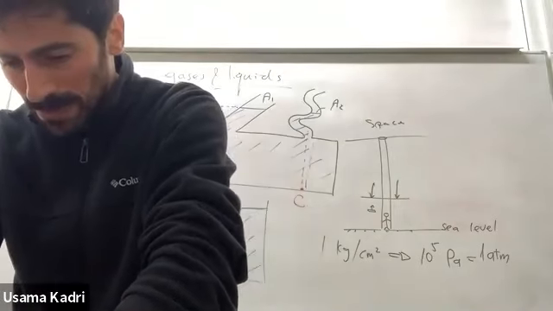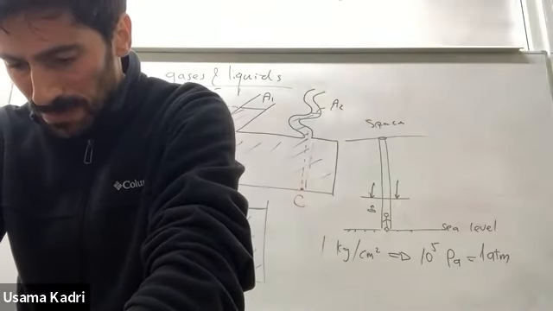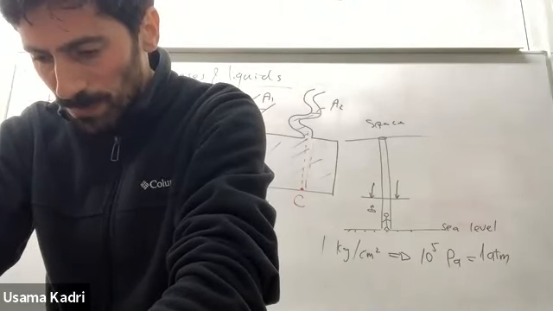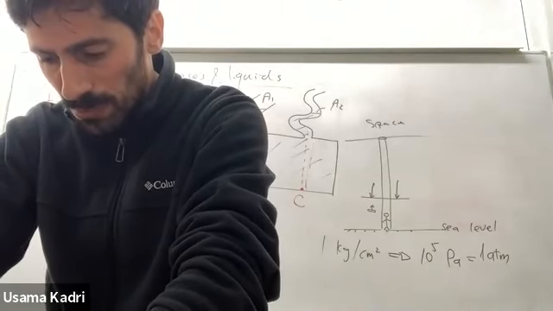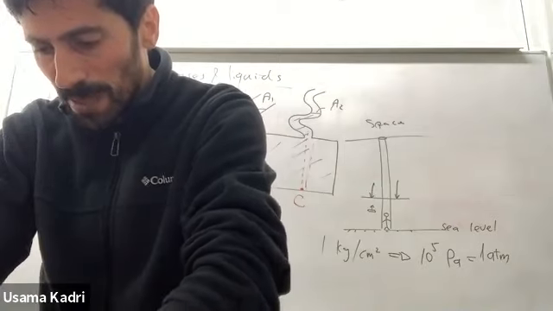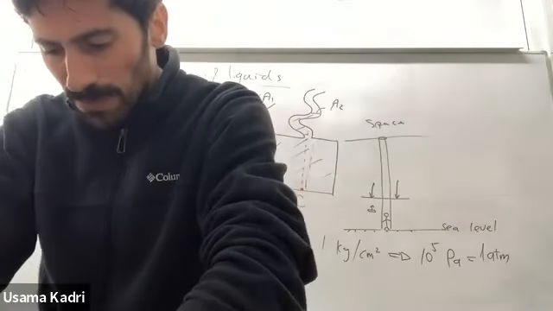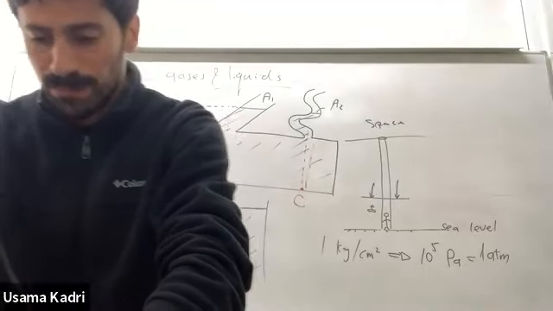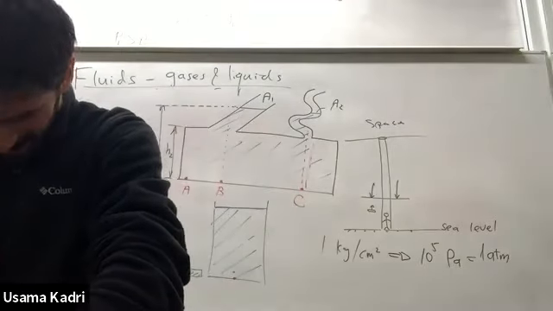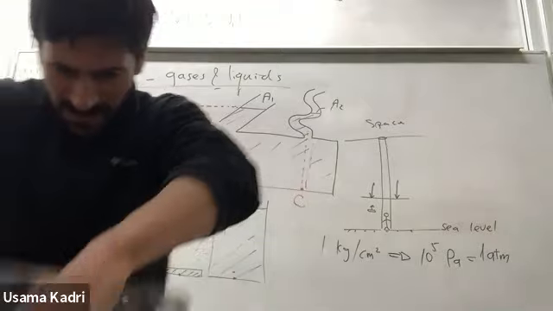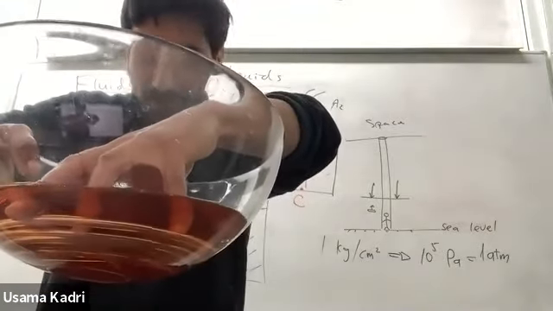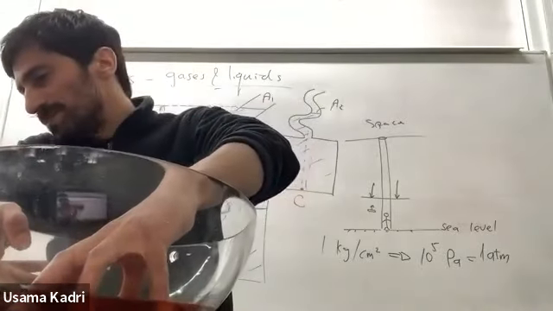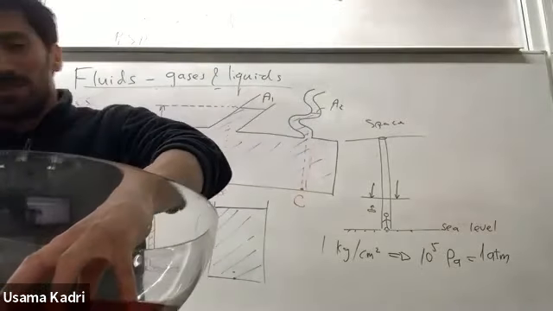So I'm just trying to clear the tube from the air bubbles, just to have it all filled with the liquid, which is a very old apple and blackberry juice.